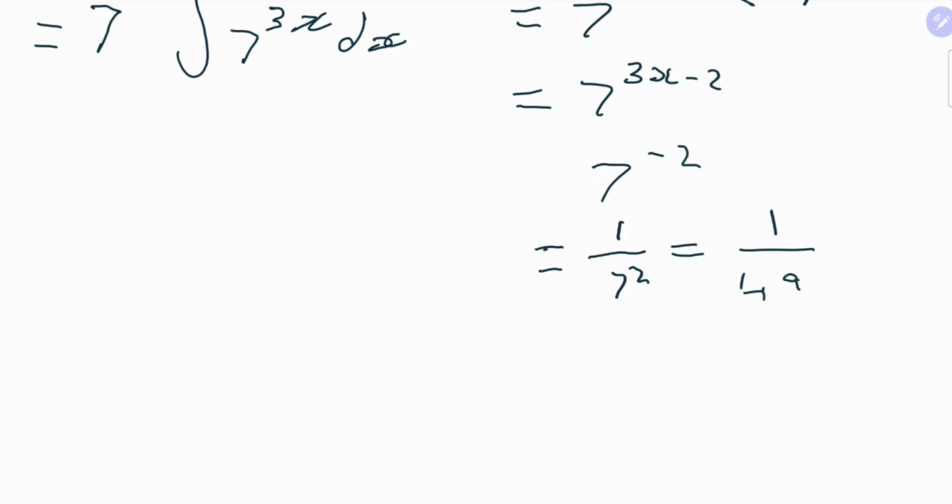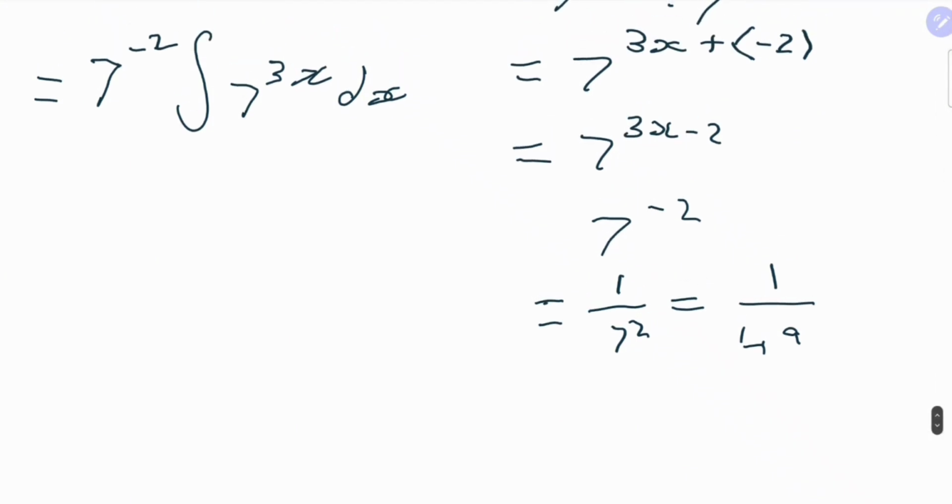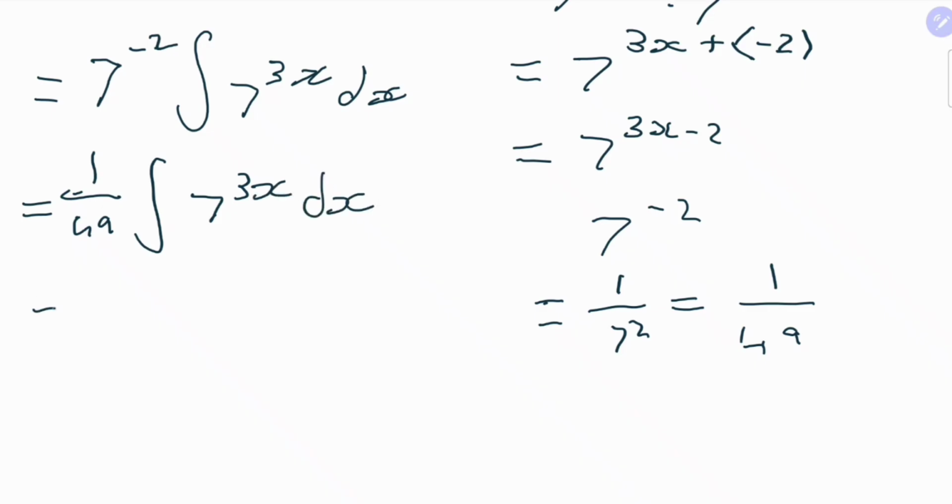Great. So now we're going to put that in, 1 over 49, and then the integral of 7 to the 3x dx.